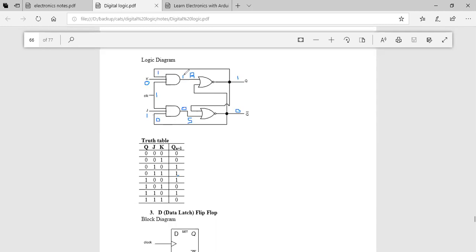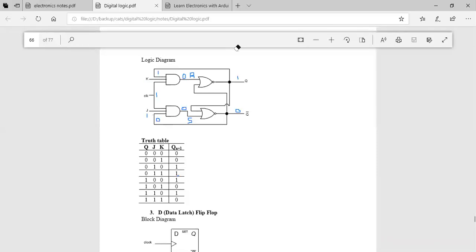That's correct. 1 and 1 and 0? 0. R is 0, S is 0. What do you expect? No change. No change means what? 1. That's why we have a 1 here. And the last combination is where we take K to be 1.